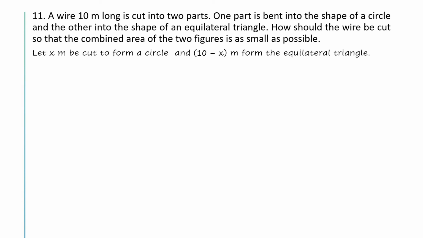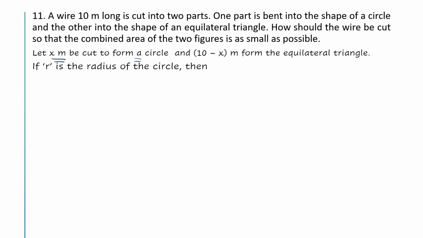So let us take, let x meter be cut to form a circle and 10 minus x meter form the equilateral triangle. Now, if we take r as the radius of the circle, then here we have taken x meter is cut to form a circle.